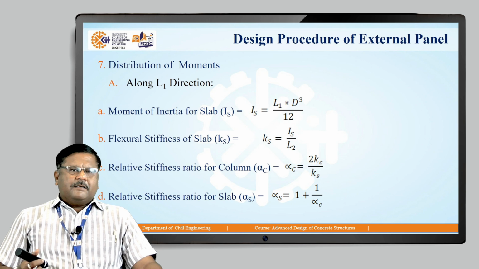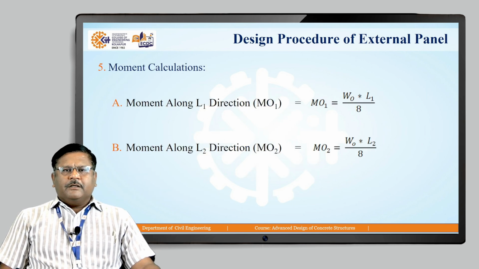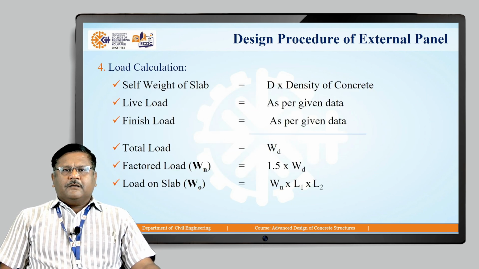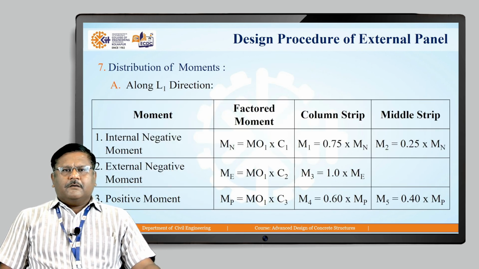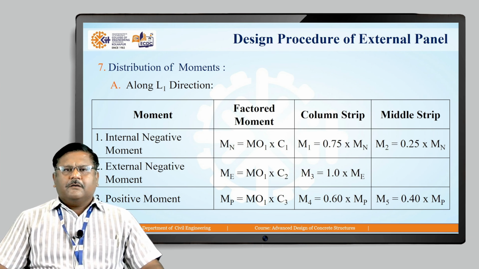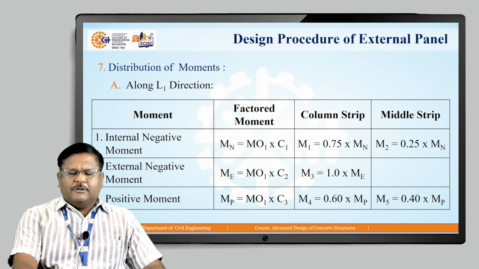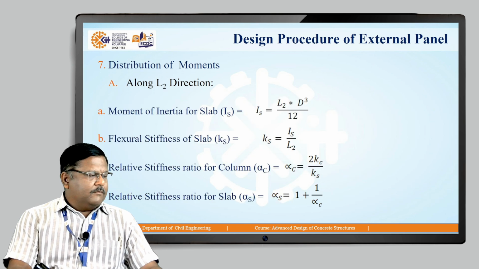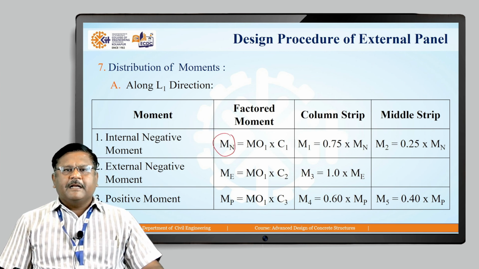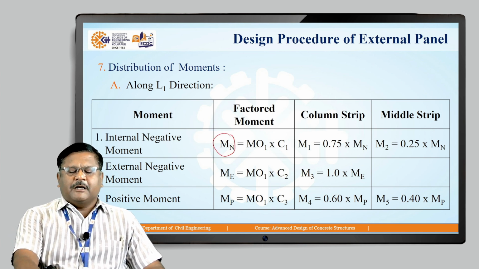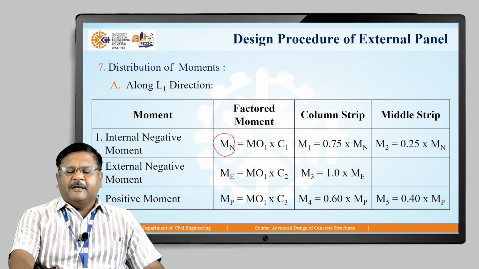Now see, this is Mn, the internal negative moment. You want to distribute this Mn into column strip as well as into middle strip.